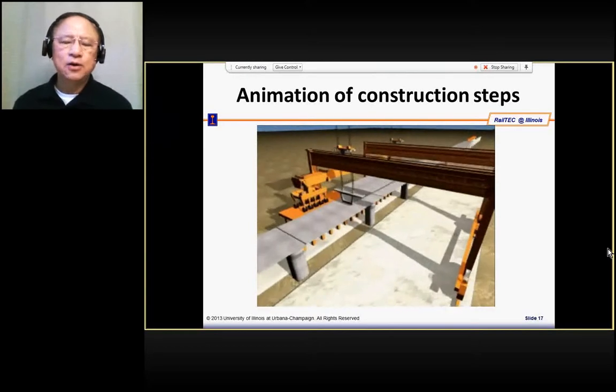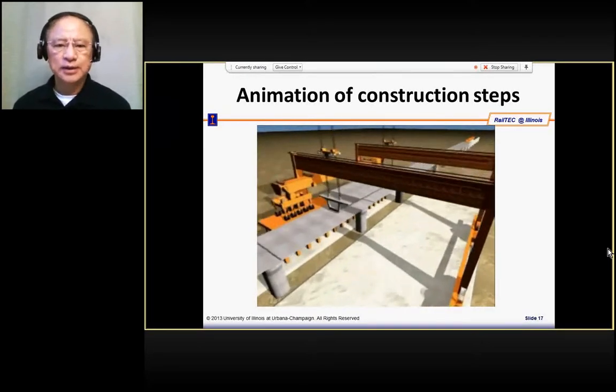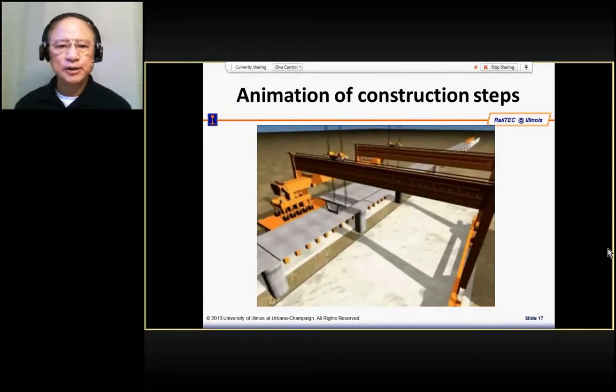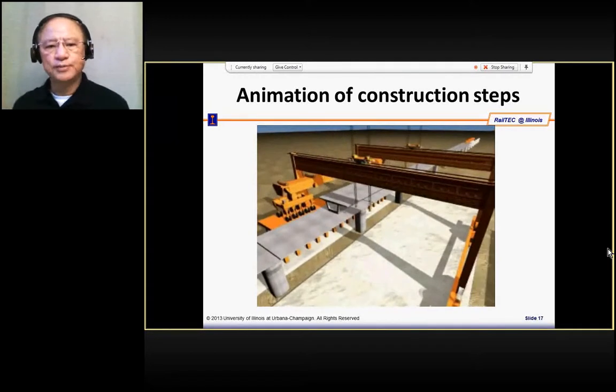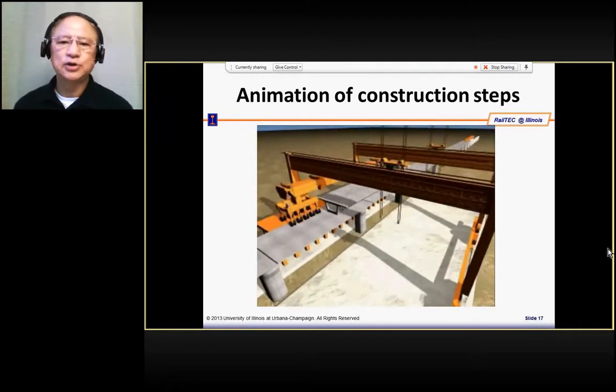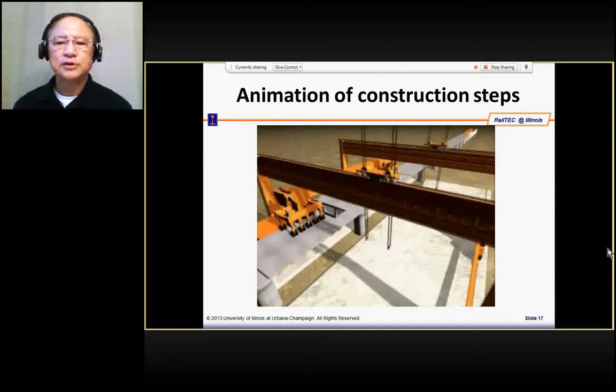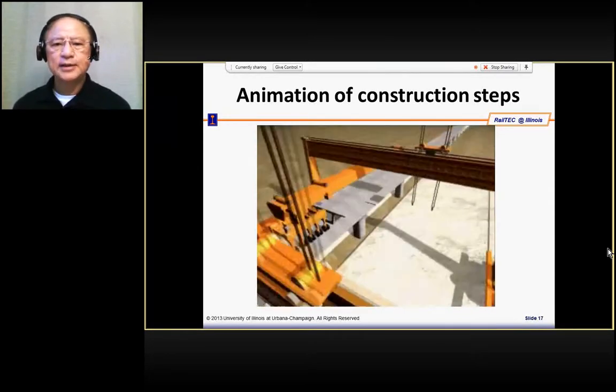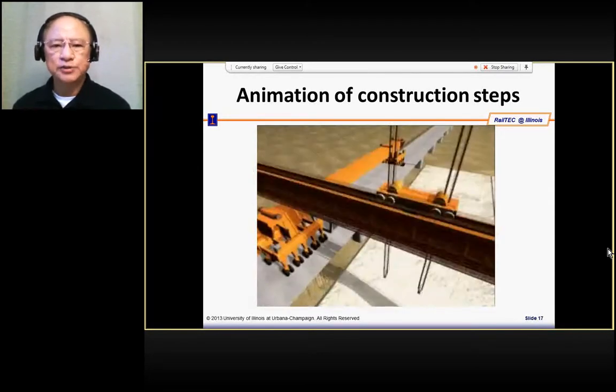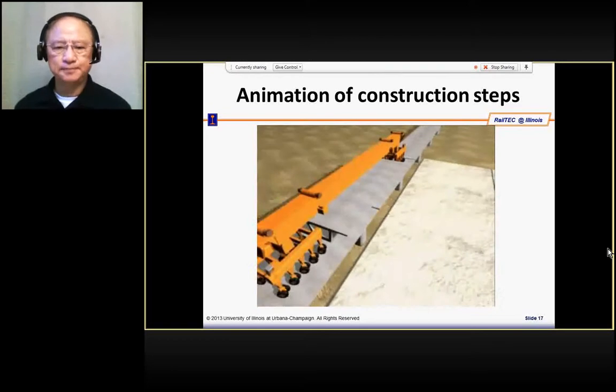On the side is the transporter. The transporter will move in, as you are seeing now, and start picking up the girder.